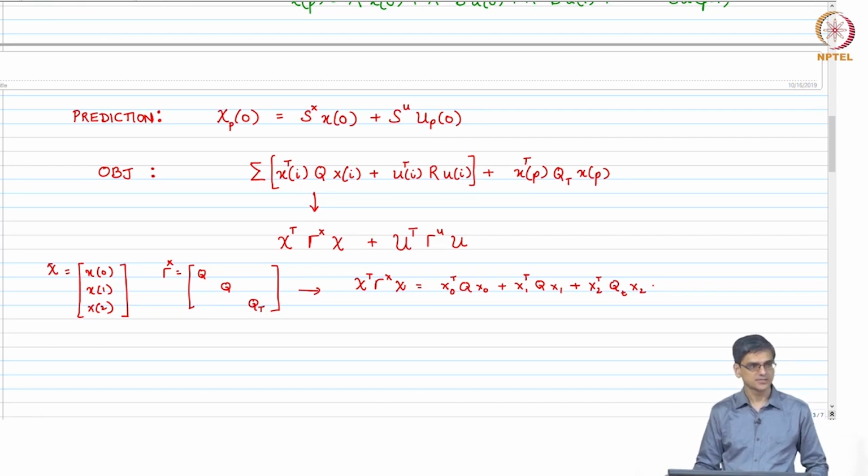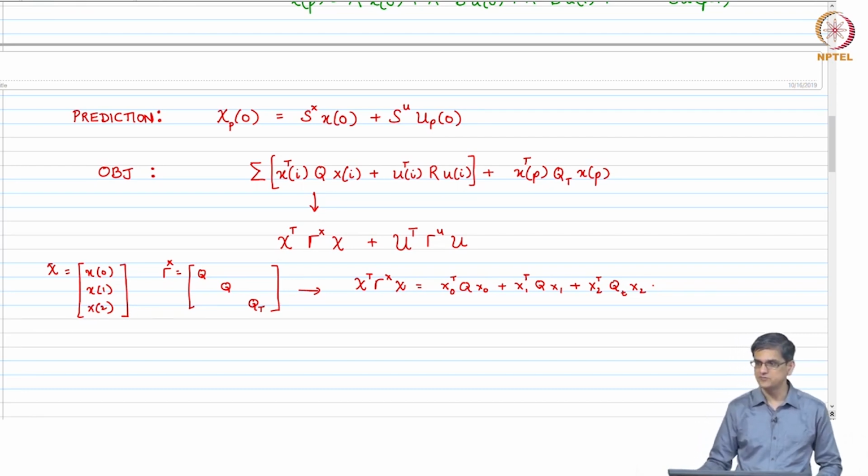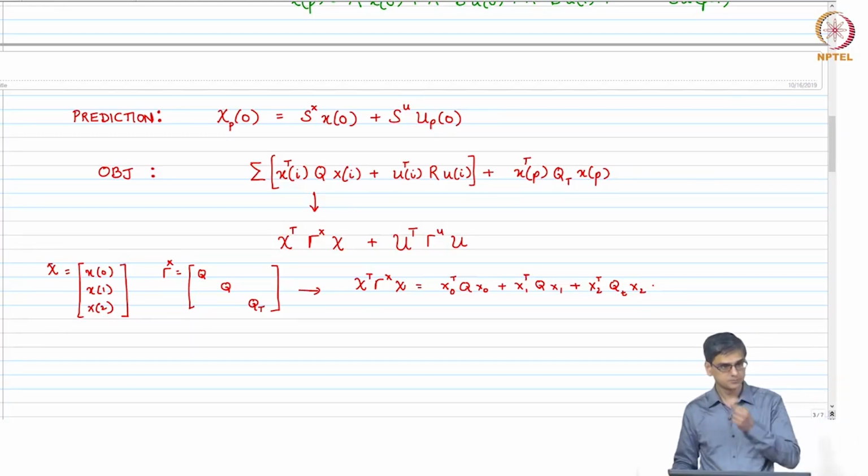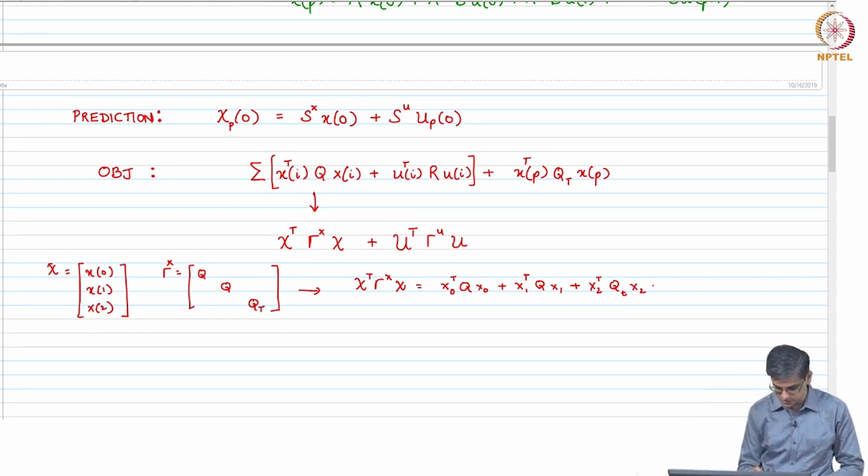Think back, assignment 1, you have kind of done the matrix combination and seen how it works, right. Yeah, I mean, if you want to see how it works, it is basically going to be x naught transpose, x1 transpose, x2 transpose.